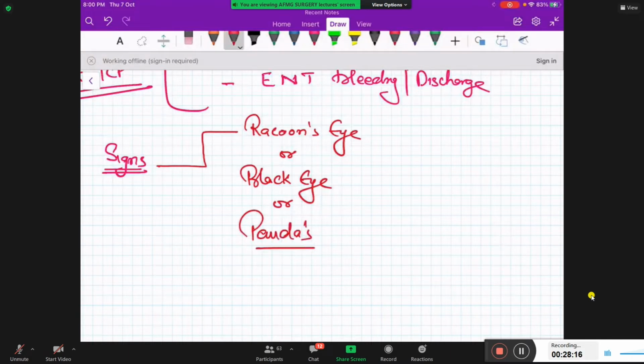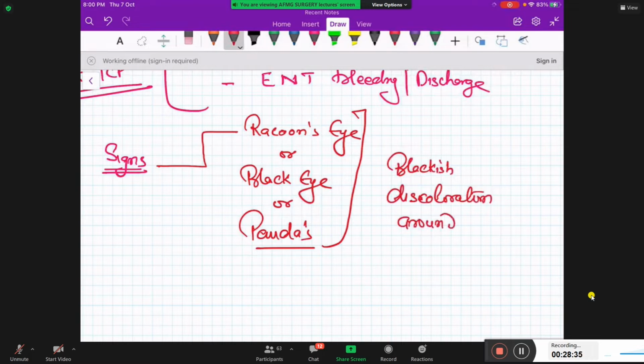There can be a raccoon eye sign. There can be a black eye sign. These are all the same. What is this sign? Blackish discoloration around the orbit.